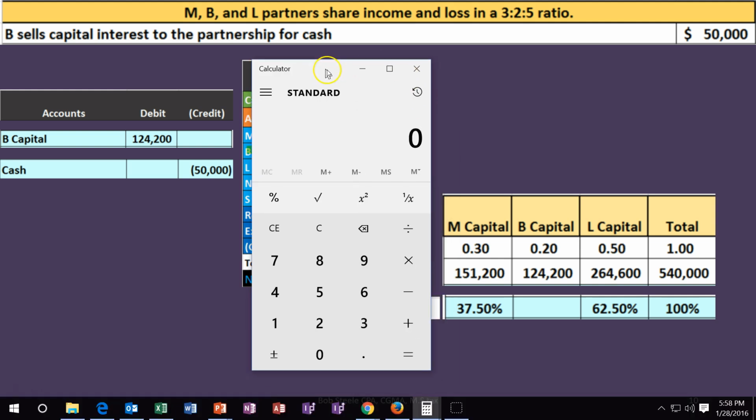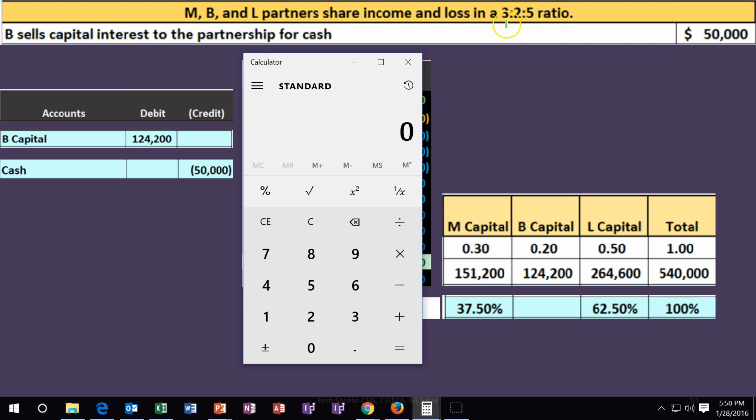Same calculation we did last time. The 2 is gone now, so we're dividing by 3 plus 5, so divided by 8. That's where we come up with the 37.5, and the 5 divided by 8, which is the 3 plus the 5 because the 2 is gone, is where we get the 62.5.